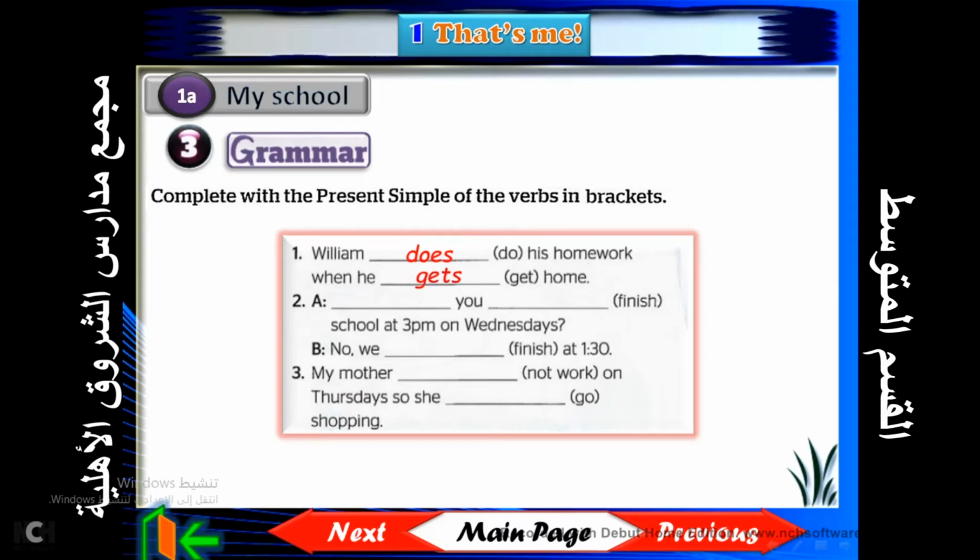Number 2, do you finish school at 3 p.m. on Wednesdays? This is a question, and when we have a question in present simple, we usually ask with do or does. Here we have you. I, they, we, you, we should begin with do.